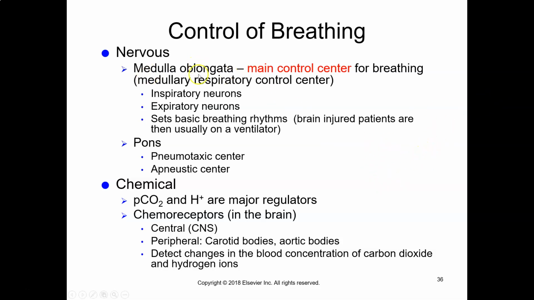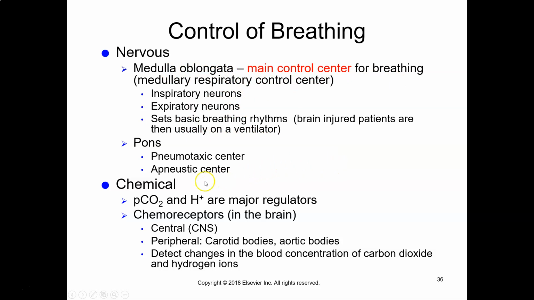The medulla oblongata is the main control center for breathing. You have to know that. It controls our respiratory control center. People with brain injuries are many times on ventilators because their medulla oblongata is injured.